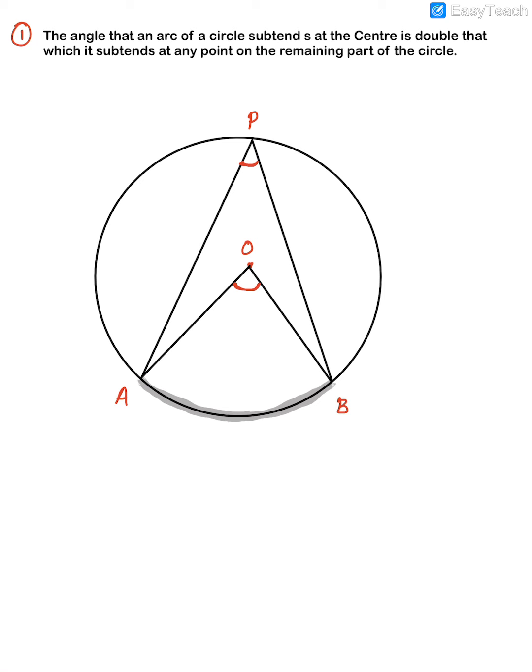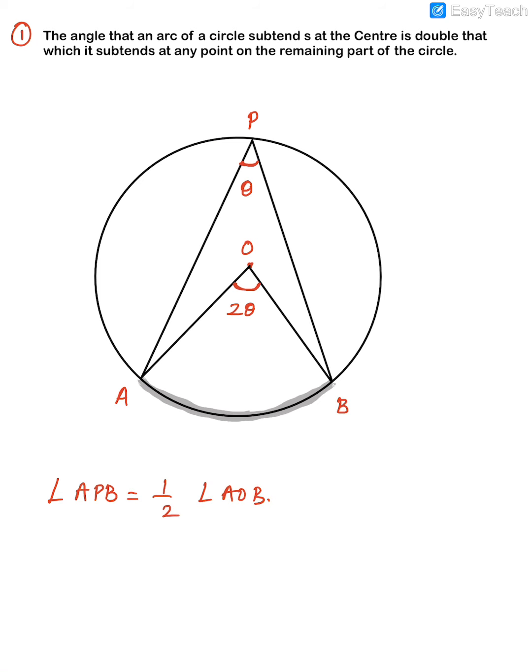In simpler words, if angle APB was theta, then angle AOB will be 2 times theta. That's the difference, theta and 2 times theta. So how do you write it? Angle APB is equal to half of angle AOB.